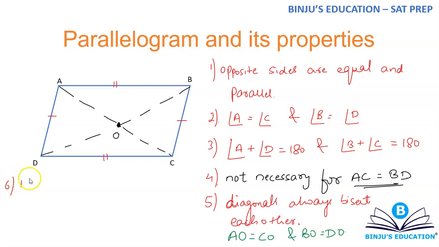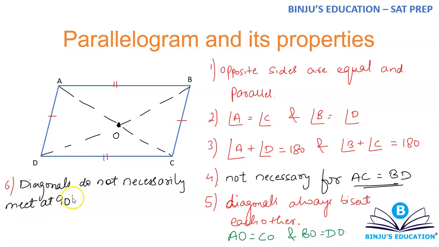Next, diagonals do not necessarily meet at 90 degrees.